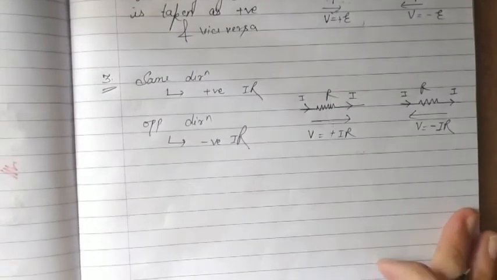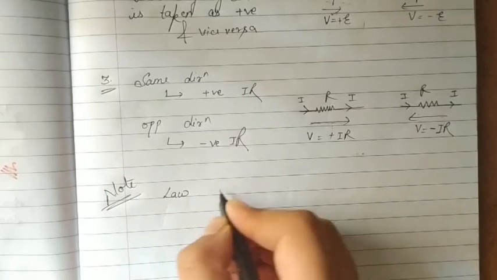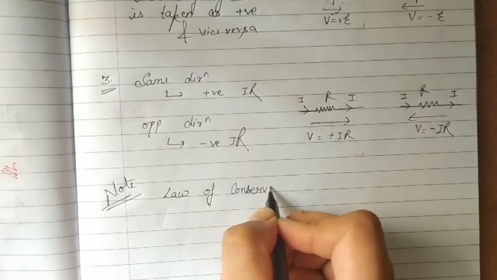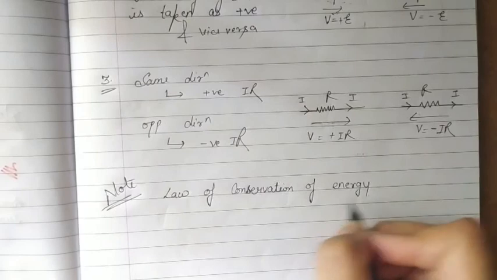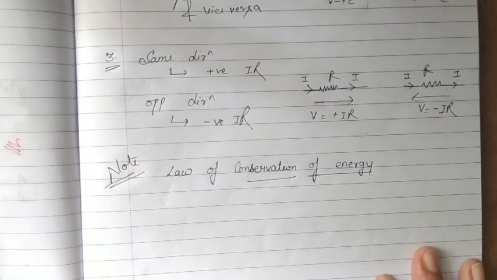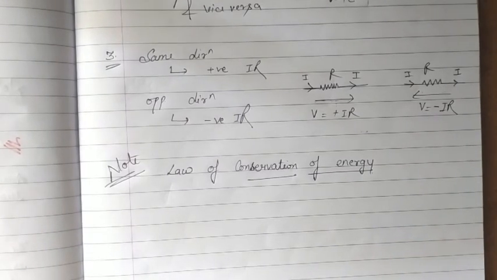Now again, here is a point to note that this law is based on the law of conservation of energy. Like the first law is based on conservation of charge, this second Kirchhoff's law is based on the law of conservation of energy, because the electrostatic force is a conservative force, and so the work done by it along any closed path must be zero, right?